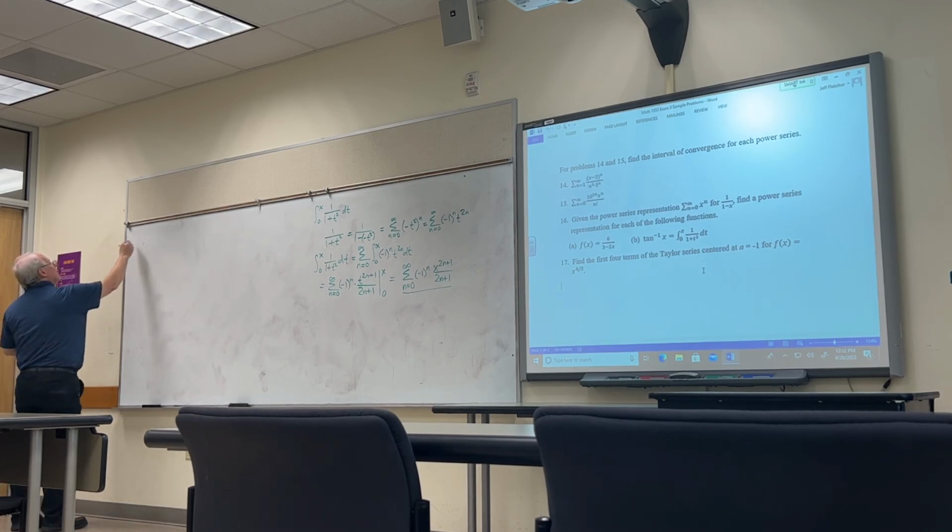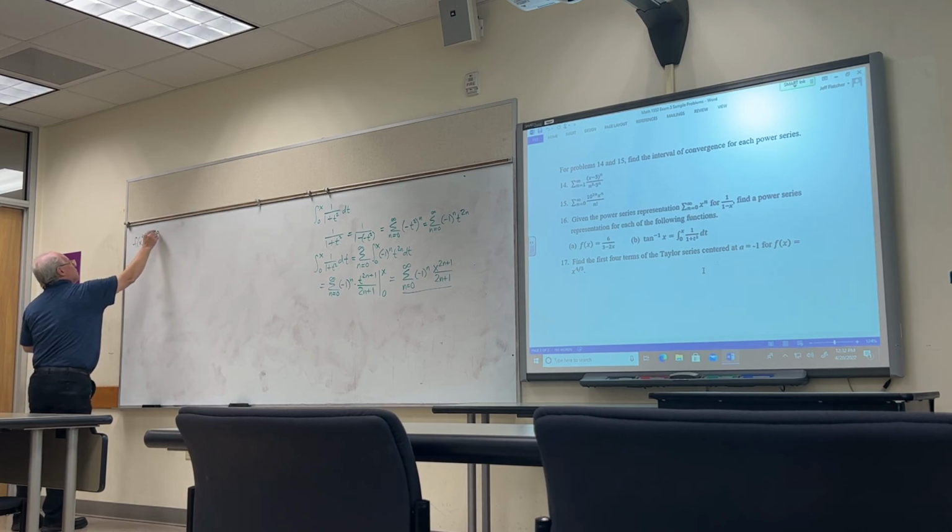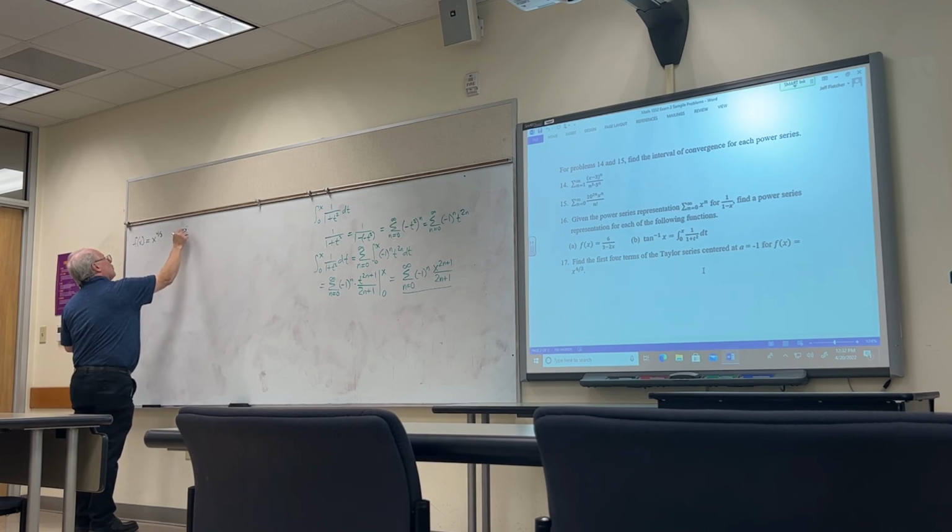All right, so the function is f of x equals x to the 4 thirds. And of course, what's the Taylor series formula?